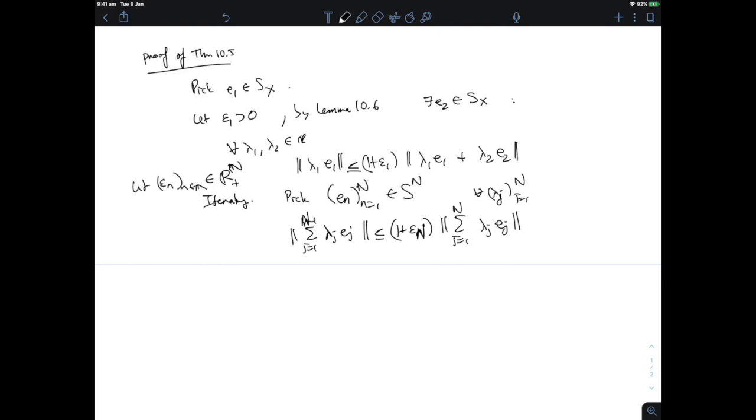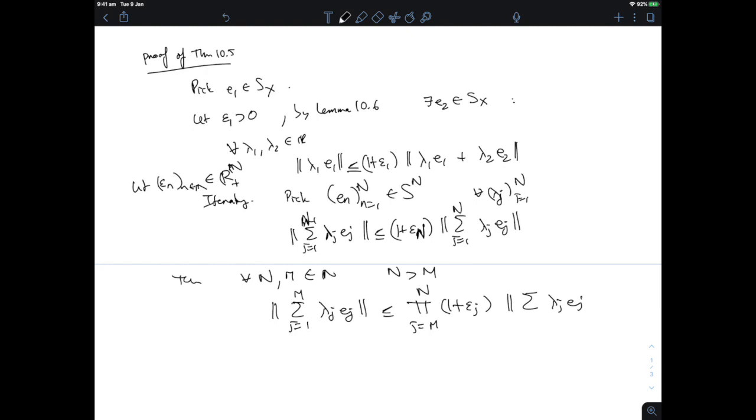So now what happens is that you keep iterating that, and you get that for all capital N and capital M in N, with N greater than M, the norm of the sum j equal 1 to capital M of lambda j ej is smaller than the product of the 1 plus epsilon j, running between M and N, times the norm of the sum lambda j ej, j equal 1 to N. Just repeating the step star, capital N minus capital M times.